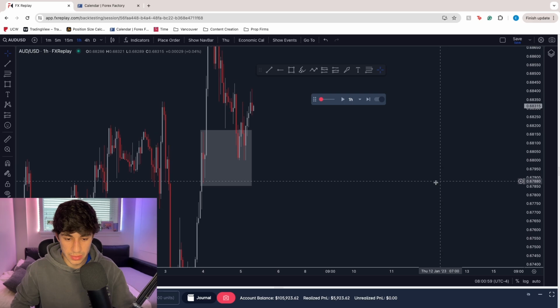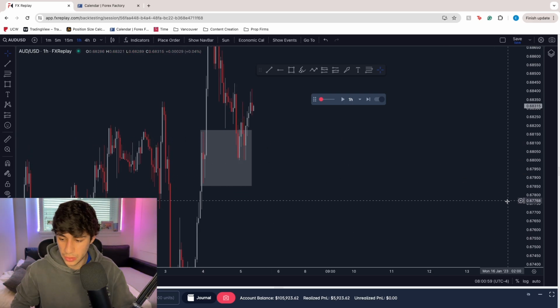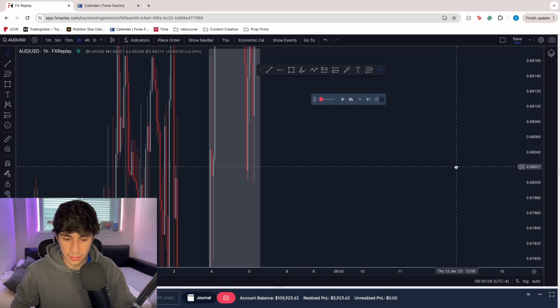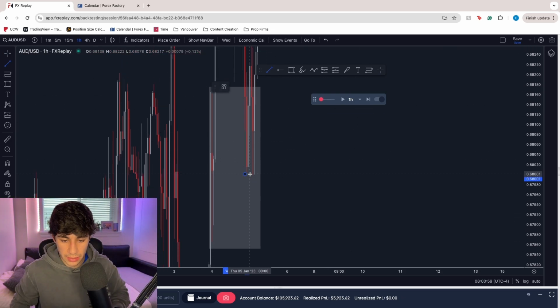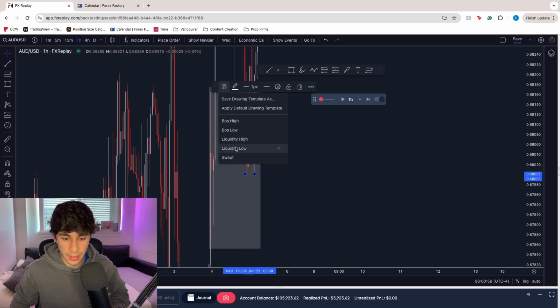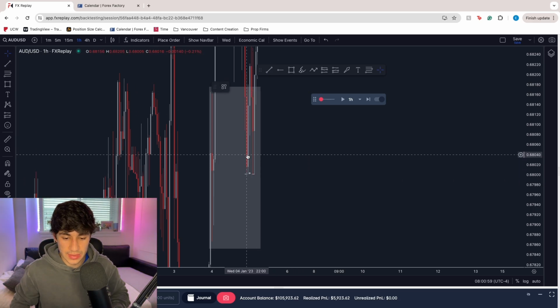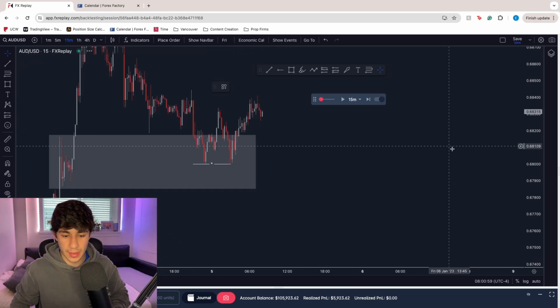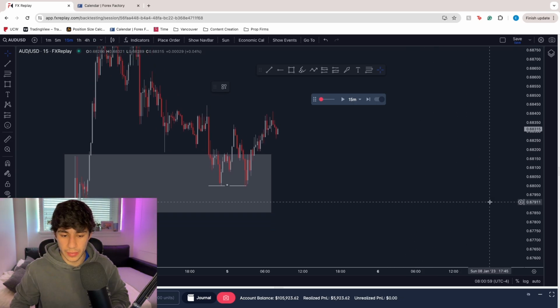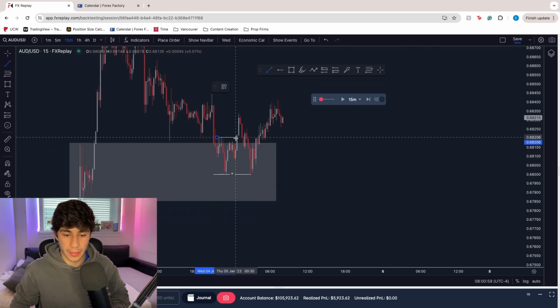Let's see, where's yesterday's low? So this was yesterday's low. Let's see if price was able to, yeah, what a nice scenario. Price, it's very minimum, but price took liquidity from yesterday's low, so from Wednesday's low. Now it's Thursday, and after doing that, we had a break of structure in this area, right?